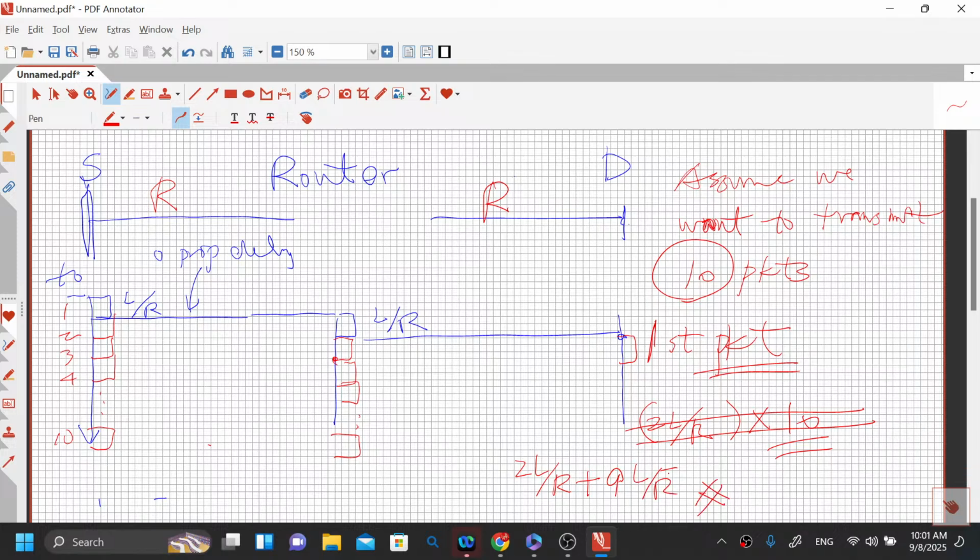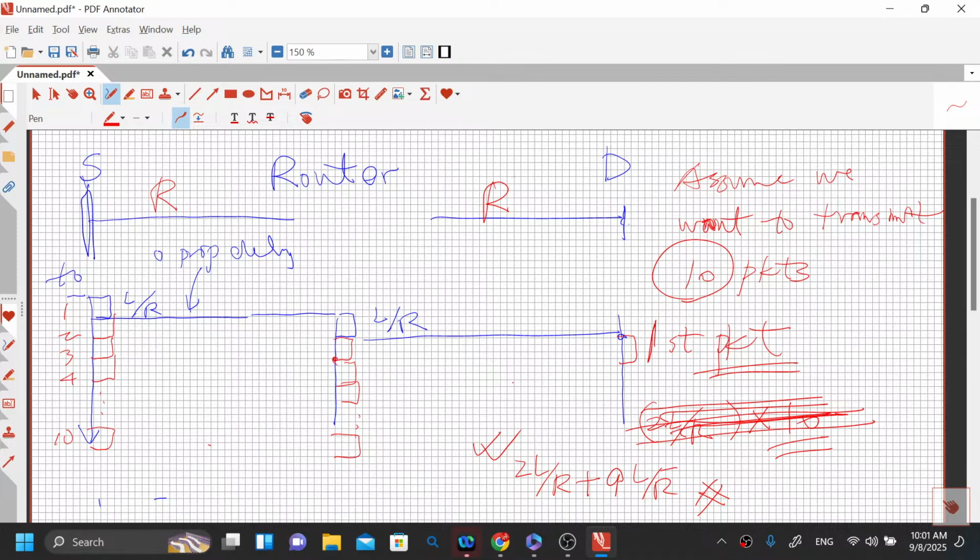For this one, we pass on 10, so we allow them: okay, finish transmission, you can send the others. If we have 2L over R multiplied by 10, we know this one finished and then I allow to send. Previously I didn't have the figure, so something was wrong. So this one should be the correct one. Transmission delay, so reach it, so we can have the next transmission.